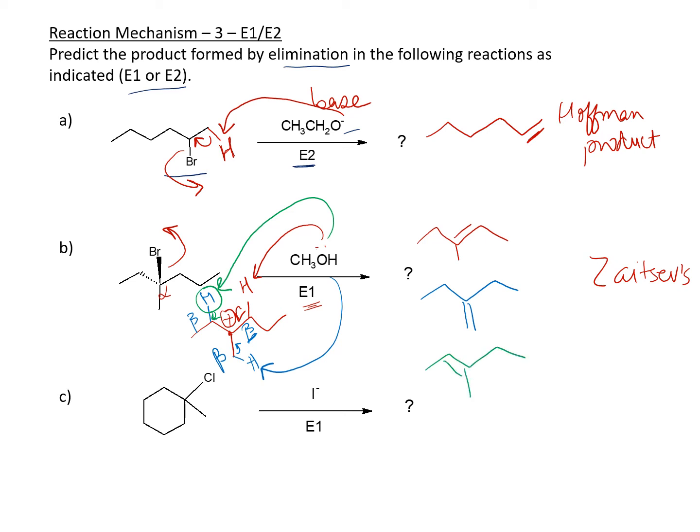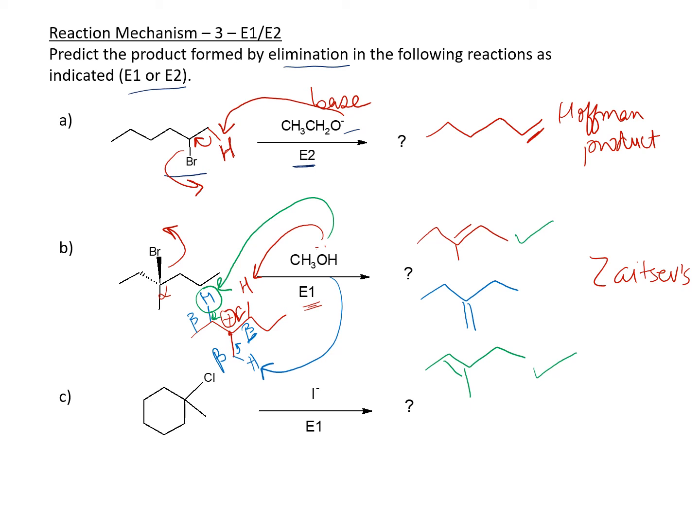Now we have to think about which is going to be the major product here, because that's one of the issues with E1 reactions: you're going to get many products and then you have to decide which is going to be your major product. Your major product is going to be the Zaitsev product, which of course this is the Zaitsev product and this is the Zaitsev product. So which of these two alkenes is more stable?